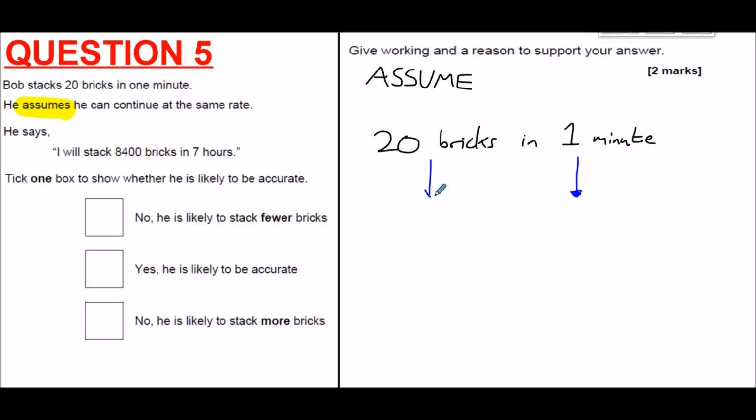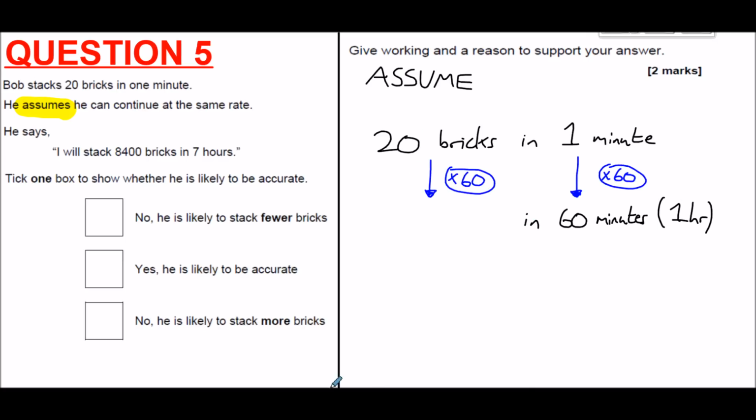So how many minutes make an hour? The answer to that is 60. So if you multiply by 60, we'd find out how many bricks he stacks in an hour. 1 minute times 60 is 60 minutes, which I'll just put into brackets. That means an hour.